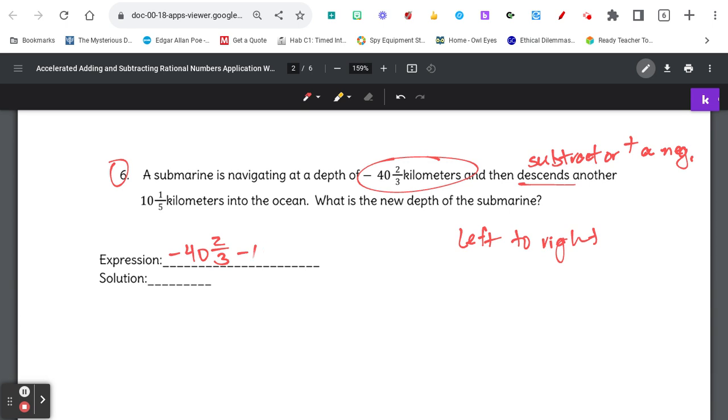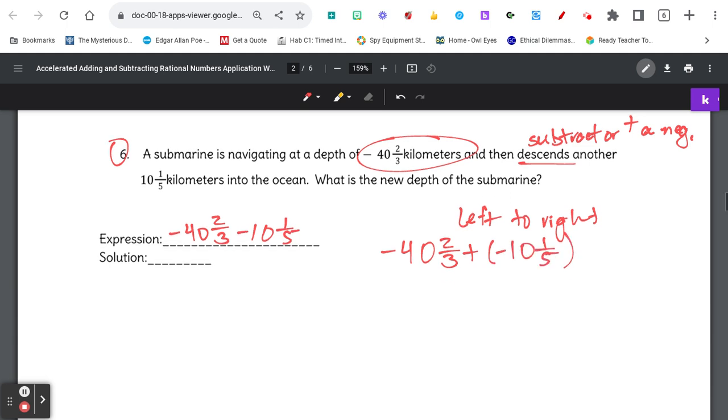So I can write it as minus 10 and a fifth, or I can add the negative. They're both negatives, or I can say they go left and left. At any rate, they're the same, so I'm going to add.